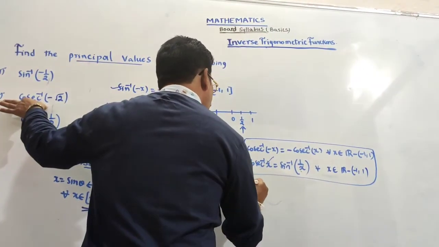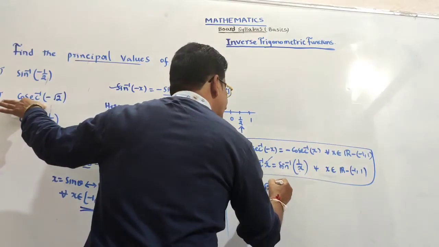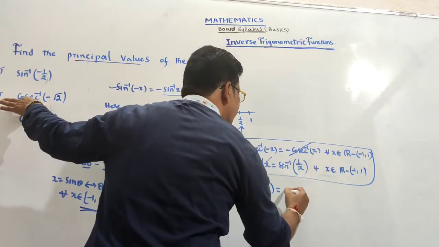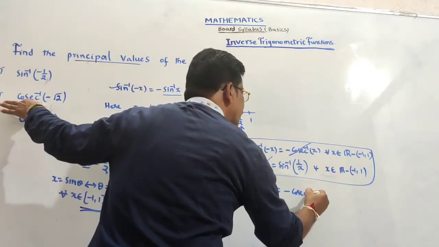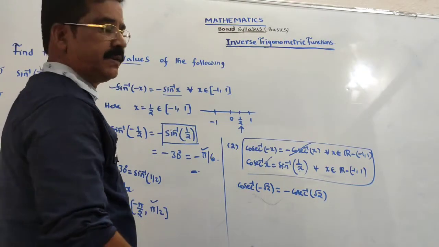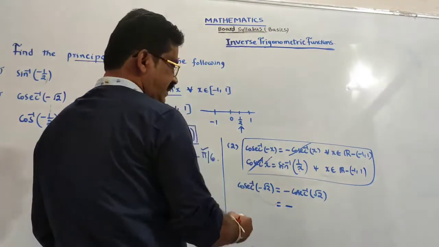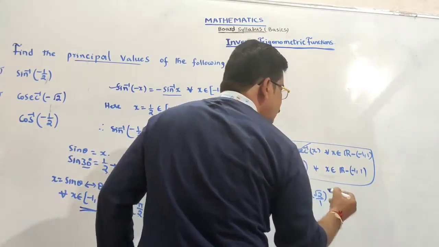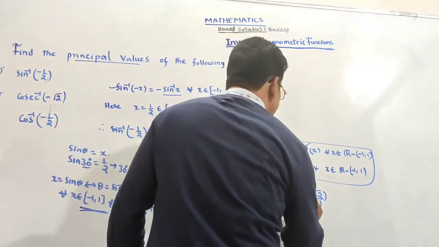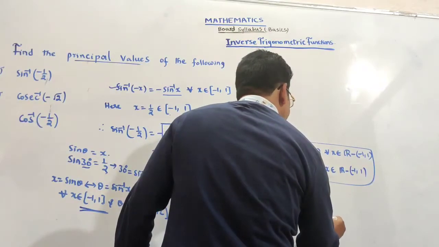So cosecant inverse of minus root 2 is equal to, using this formula, minus cosecant inverse of root 2. Cosecant inverse of root 2 is equal to minus, next using this formula, actually it is root 2 divided by 1, then it is sine inverse of 1 by root 2.